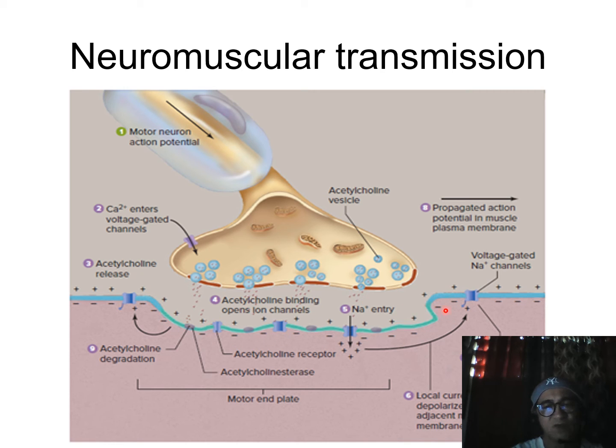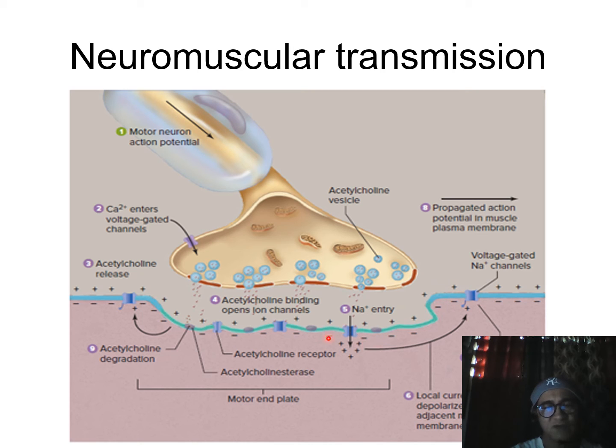There are no voltage-gated ion channels for sodium and potassium at the motor end plate, but these voltage-gated ion channels are more concentrated and abundant at the periphery of the neuromuscular junction.